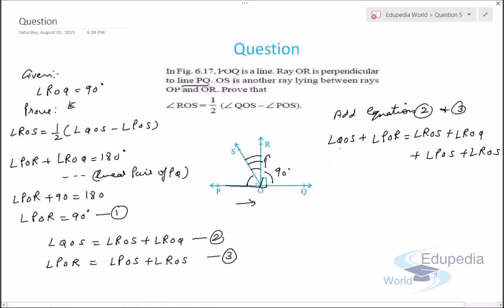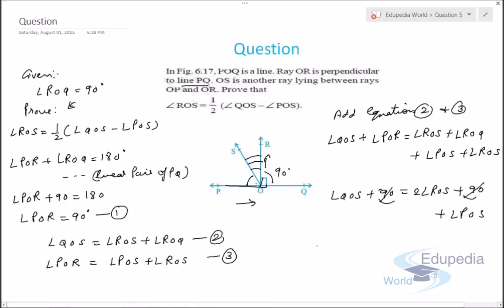Now what we get is angle QOS plus POR is 90 degrees from 1, so we can put 90. ROS plus ROS will be 2 times angle ROS, plus ROQ is 90 degrees, it's given, so we can write 90 plus angle POS. Now on both sides we got 90 degrees, so we can cancel it.